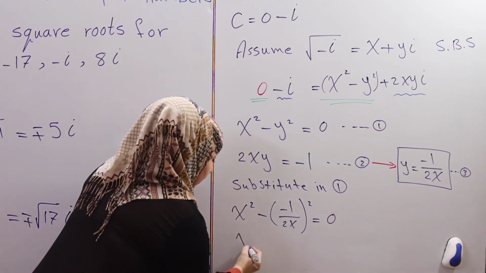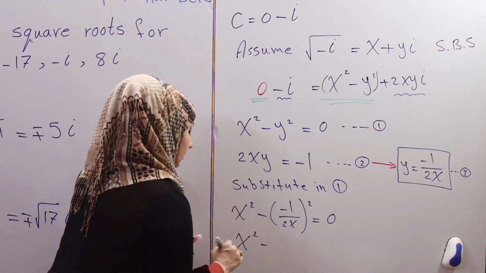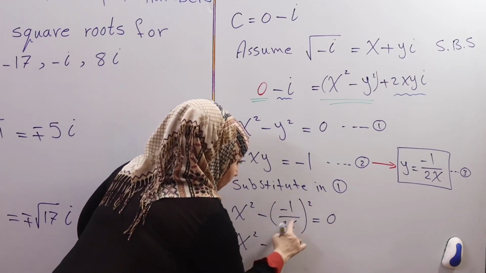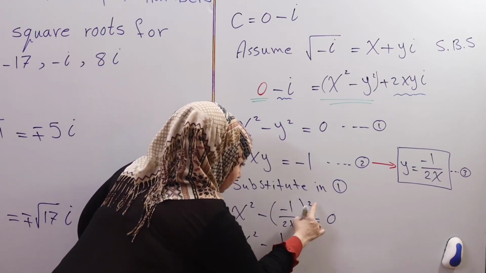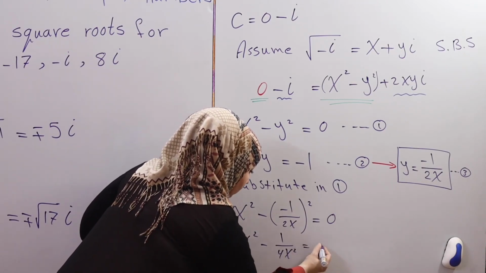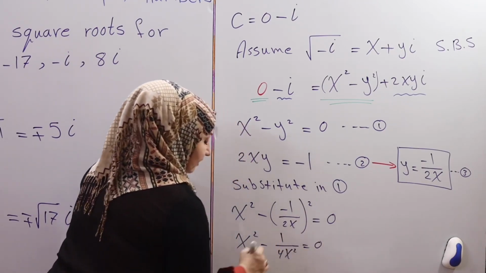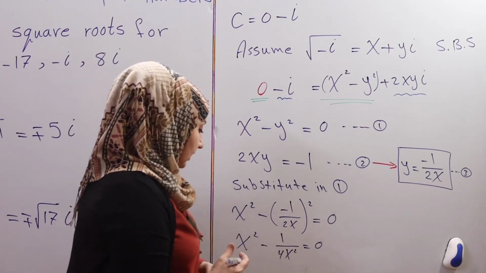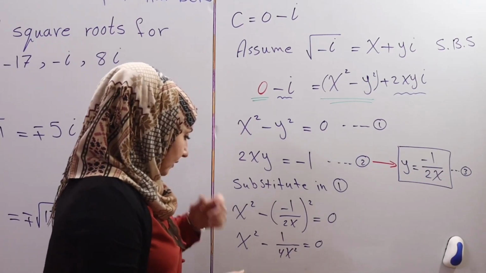I can simplify the left side. Negative 1 squared is 1, 2 squared is 4, x squared equals 0. Here I have a fraction, and I want to get an integer term.